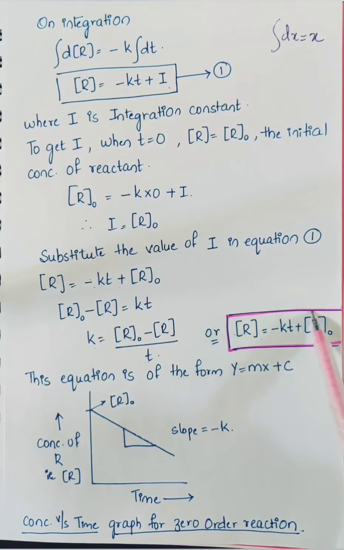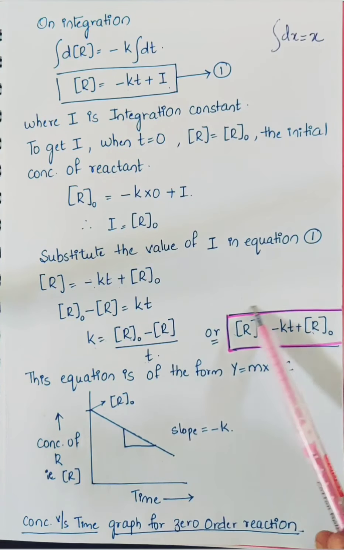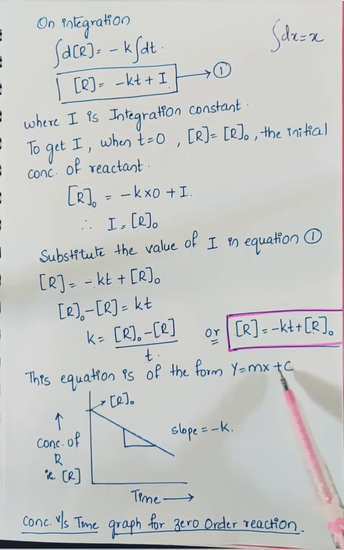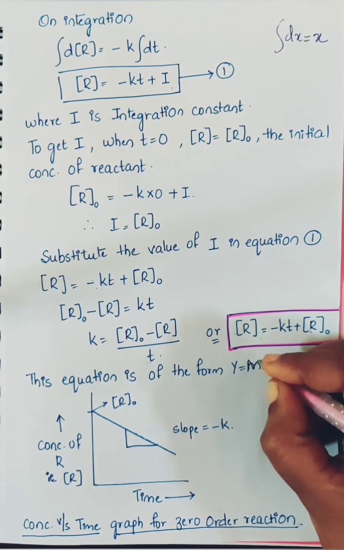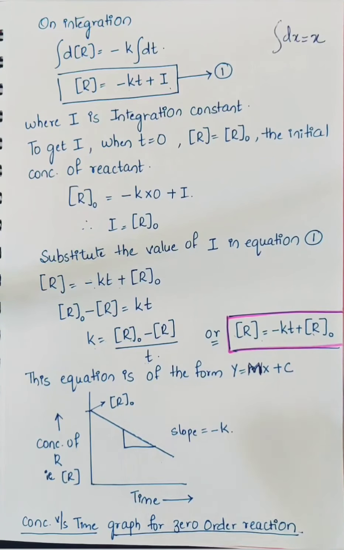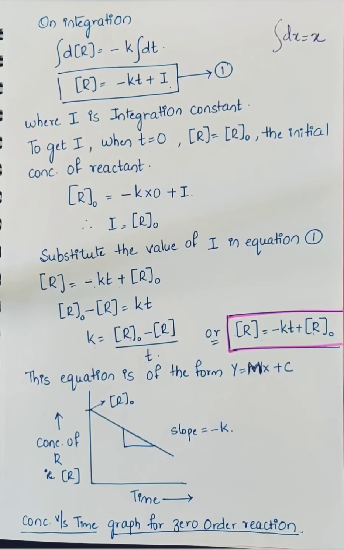Okay. Now this equation is of the form y is equal to mx plus c. We all know that y is equal to mx plus c is an equation of a straight line.